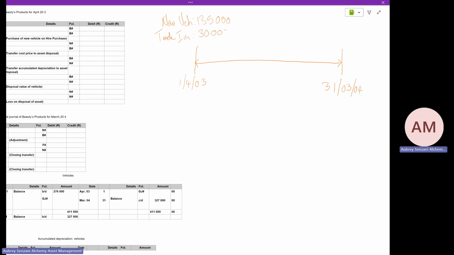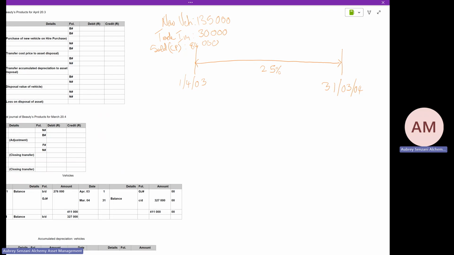And the value of our trade-in was 30,000. And then the value of the vehicle that we sold, at least at cost price, was 84,000. And our depreciation rate is 25.